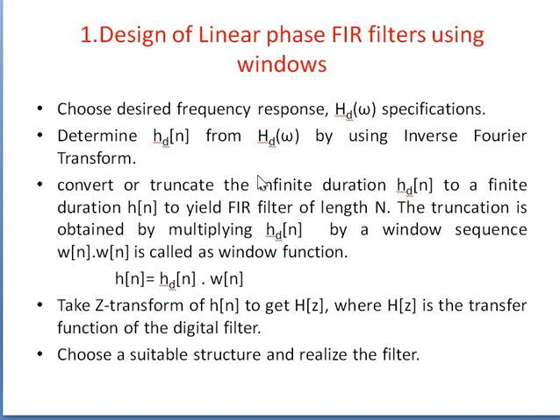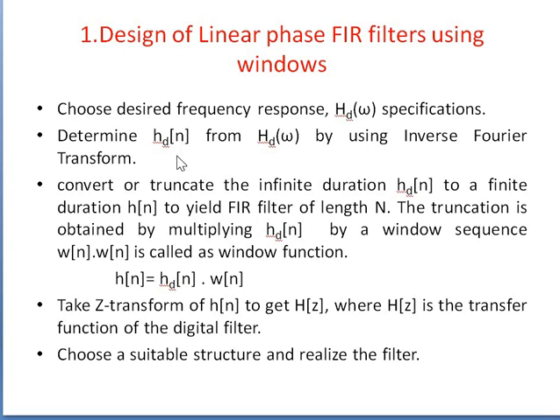So that means here, to design the FIR filter, firstly we should consider the specifications. From those specifications find the HD of omega. Now from HD of omega find the HD of n by applying the inverse Fourier transform.